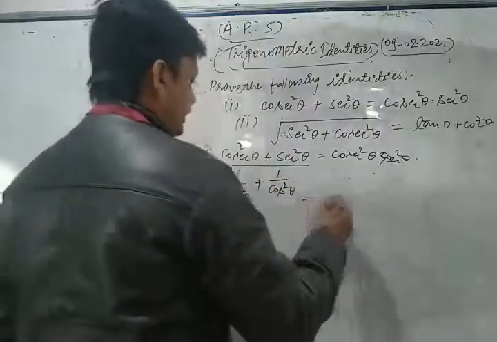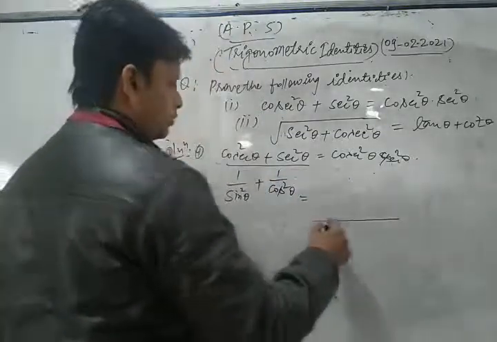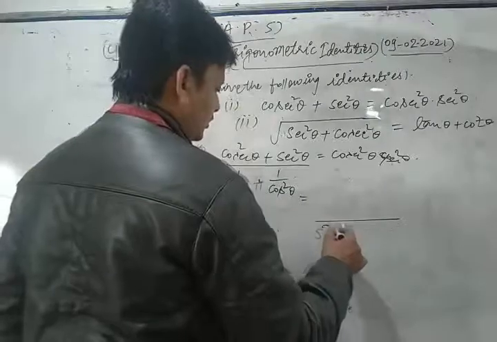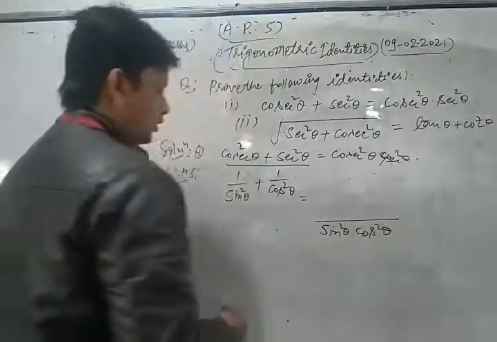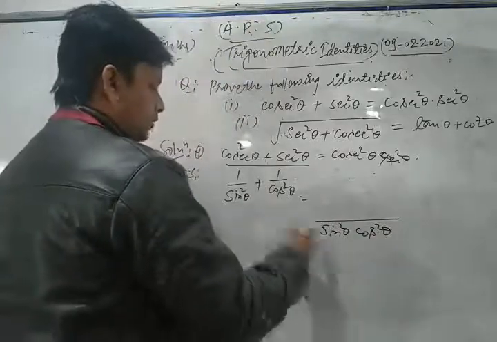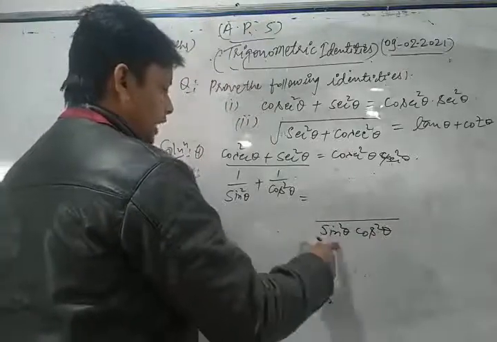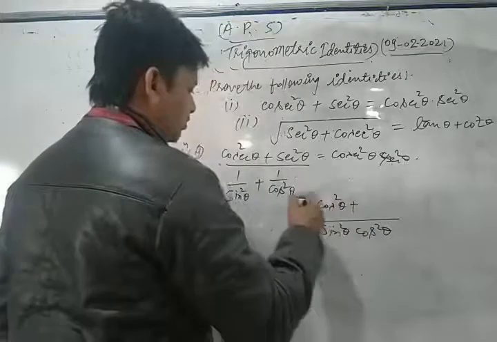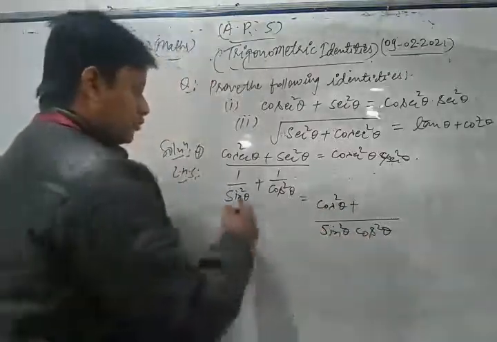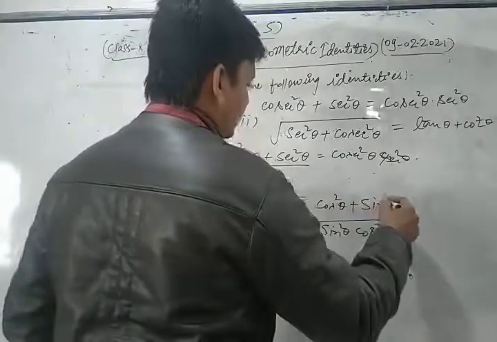Now we take their LCM, which is sin square theta into cos square theta. After simplifying, we get cos square theta plus sin square theta.